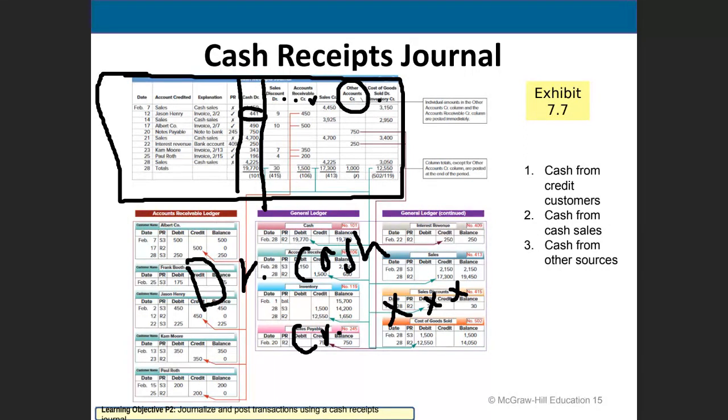So we debit cash and we credit accounts receivable. If the journal entry was debit cash, and of course in the cash receipts journal it will always be debit cash, and credit sales, for example, we credit sales here.